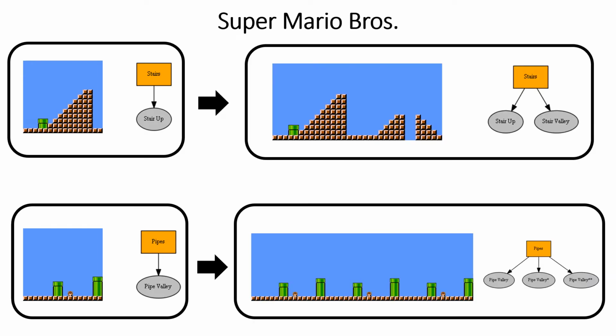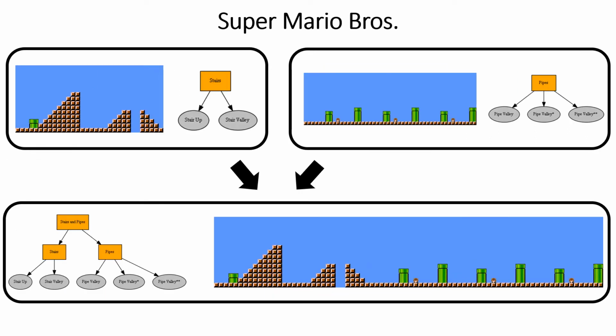Next, we build on each tree, so an action node placing a stair valley segment is added to the first tree to get this section of stairs, and then to the second tree we add two additional pipe valley action nodes to get this section filled with pipes. We then combine these two separate trees by having them both be children of a new root sequence node, and that gives us this level with a section of stairs followed by a section of pipes.